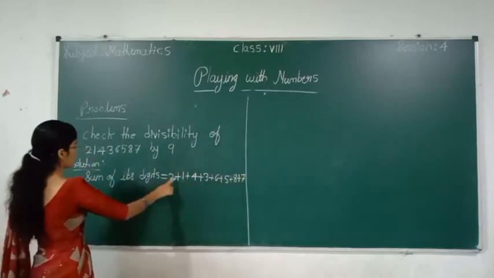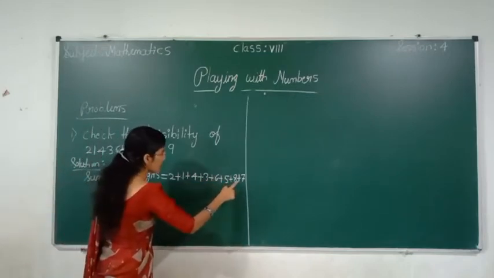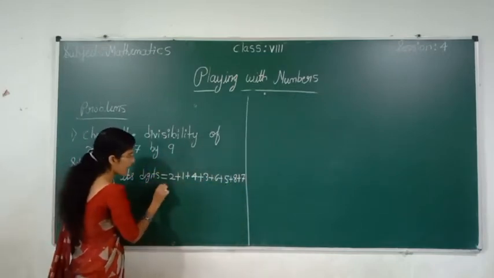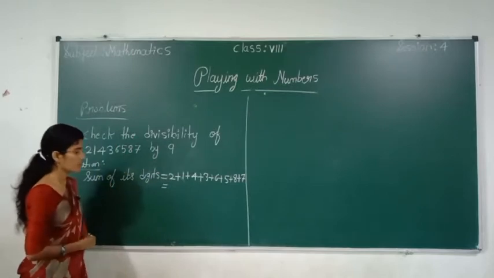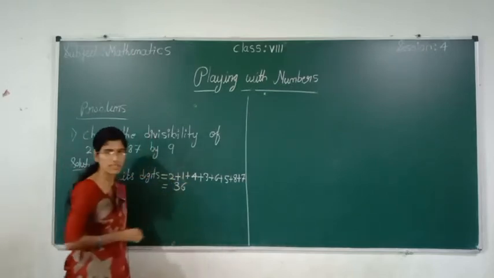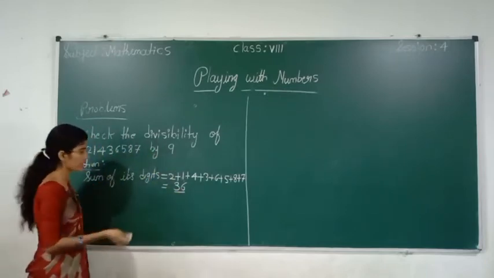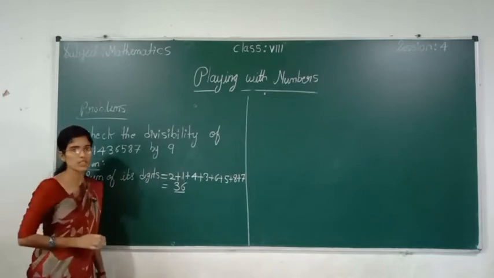If we add this, we are going to get 36. 36 is divisible by 9. Therefore, we can tell that this whole number is divisible by 9.